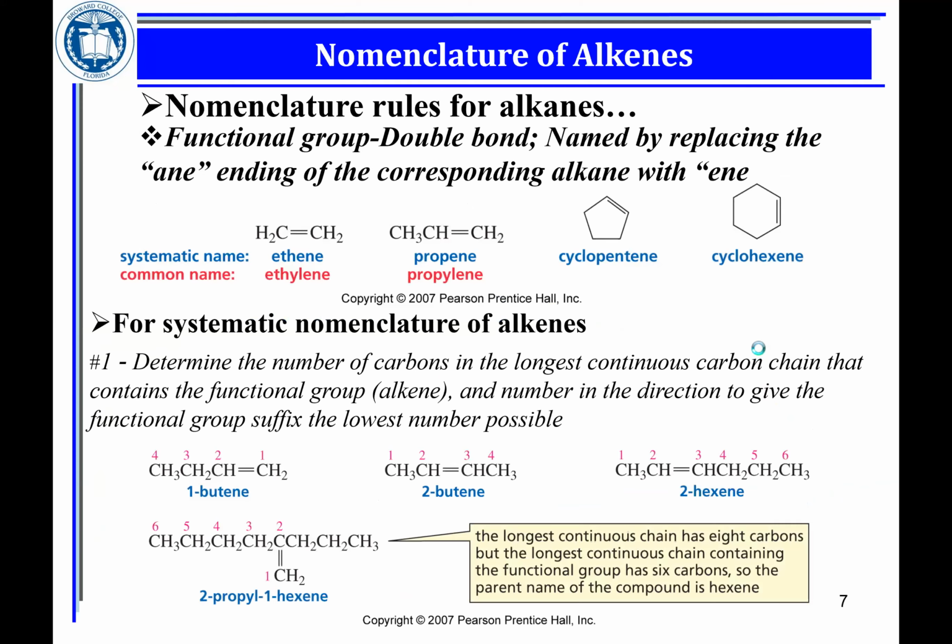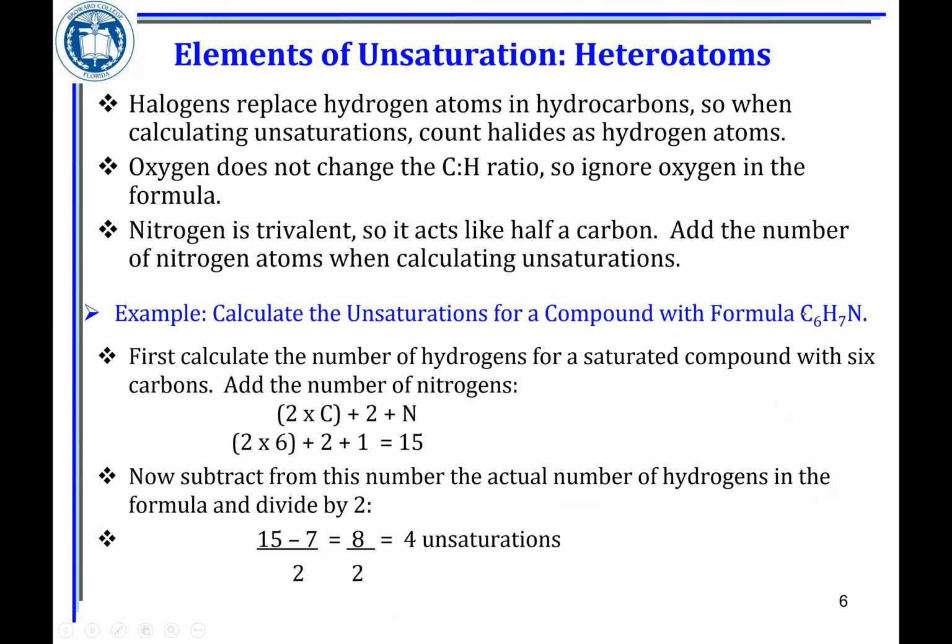If you have 4 elements of unsaturation, would that be a benzene ring, or would that be a cyclic system with a triple bond and a double bond and all that? So we need additional information. Usually when you have 6 carbons, a good estimate with that many elements of unsaturation would be a benzene ring.